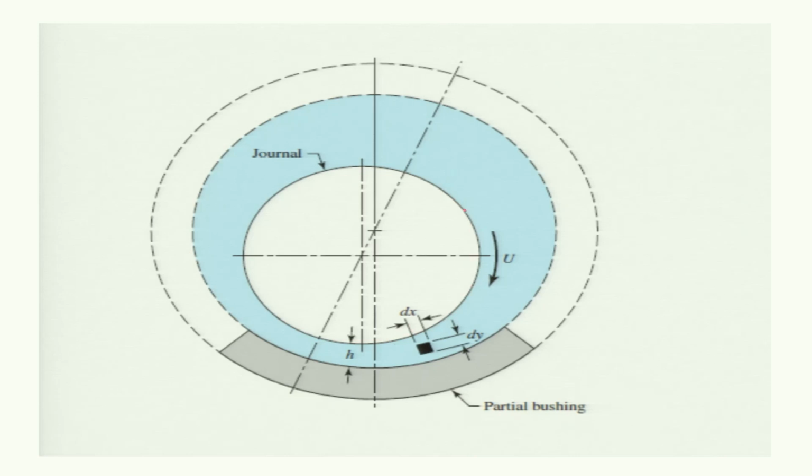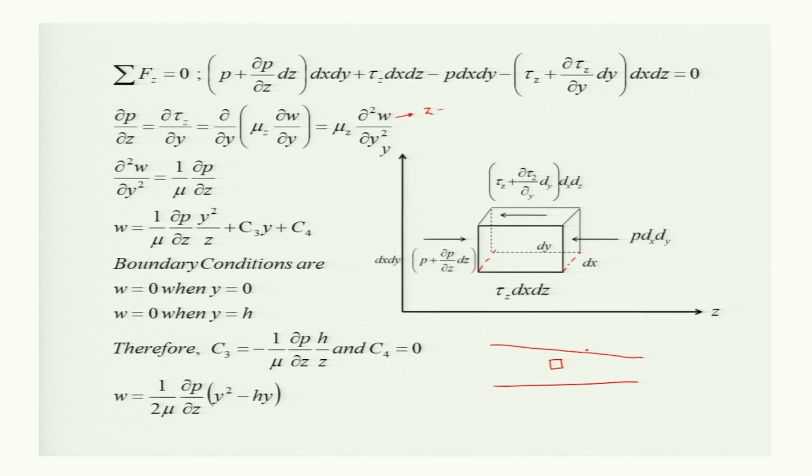The journal is moving with a surface speed u in the circumferential direction. There is no movement of the journal along the axial direction perpendicular to the blackboard, which is the z axis. So in this particular case, if I take any section where the clearance or the fluid film thickness is h, the bearing and journal both will have 0 velocity.